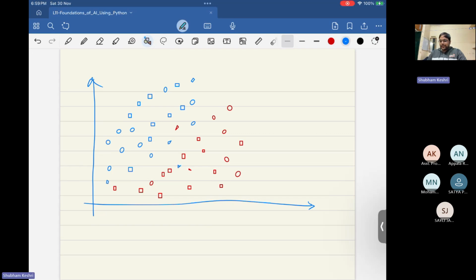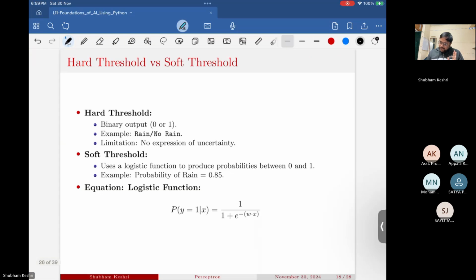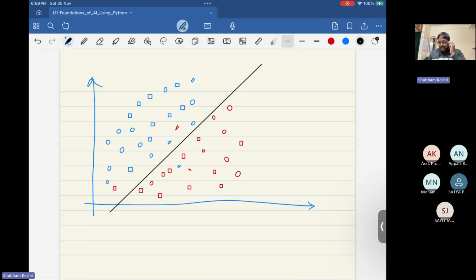And these are the data I have. And suppose the line which I have predicted is something like this. Okay. This is the line I have predicted. Now you see, there is some issue with this data set.